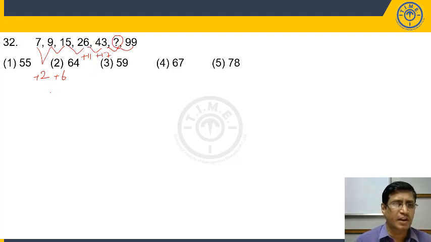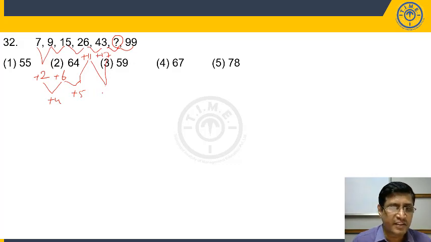Now if you observe carefully, the increase from 2 to 6 is plus 4, and from 6 to 11 the difference is 5, whereas from 11 to 17 the difference is 6, and the next will be plus 7.